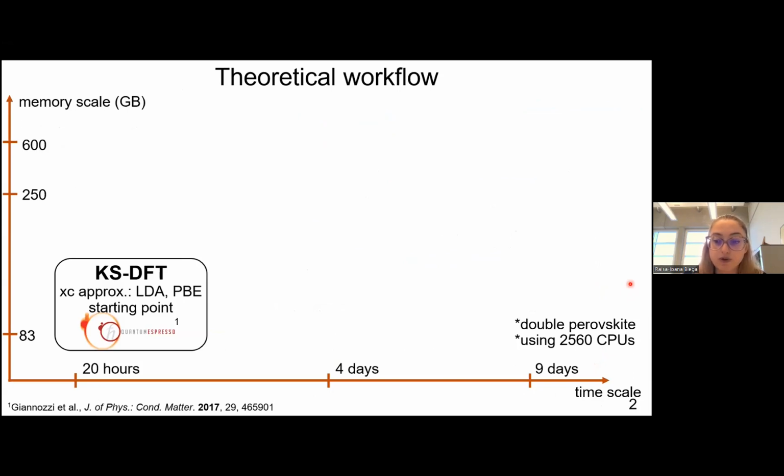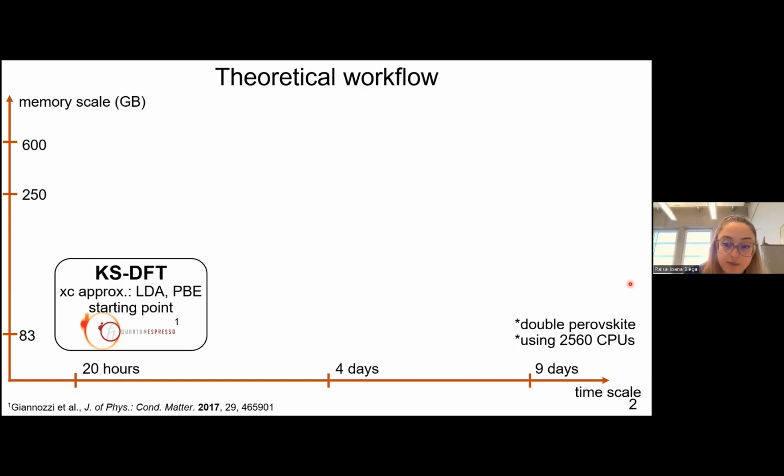I also want to show you very briefly a scheme that basically summarizes the workflow that I just talked about. But this is made basically to give you an idea about how expensive those calculations are. So this is an example for a double perovskite using more than 2,500 CPUs.